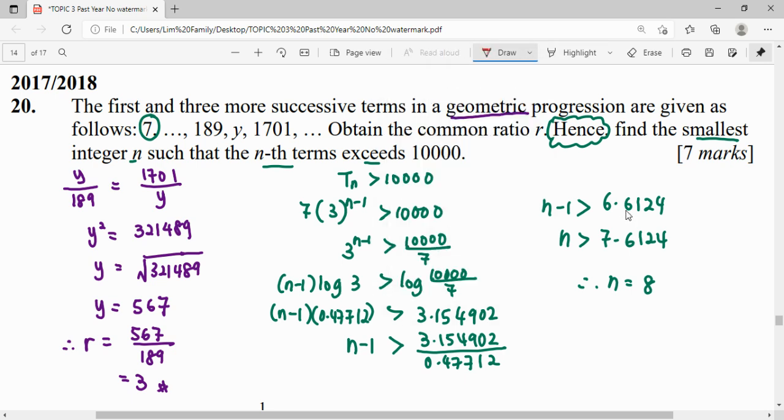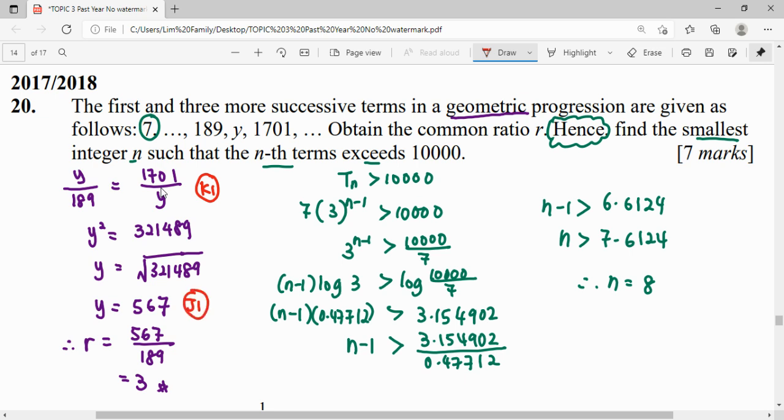So what's important here? The first one, when we have a geometric progression, we must know the relationship: the term after divided by the term in front must be equal to the next term divided by this term. This is the characteristic of a geometric progression. Then we get the answer of y.